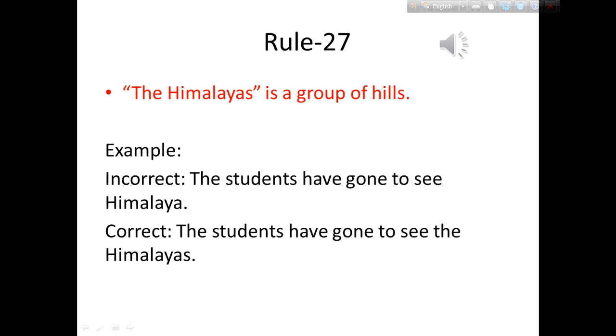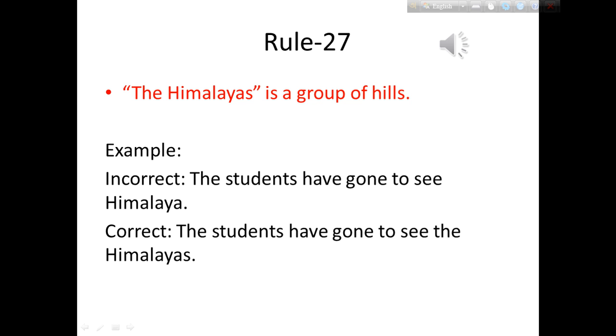For example, we can mention the sun, the moon, the king, the queen, the Holy Quran, the Bible, the Nile, the Himalayas, etc. Now this rule talks about the word the Himalayas, and the Himalayas is a group of hills. So let's see the example.